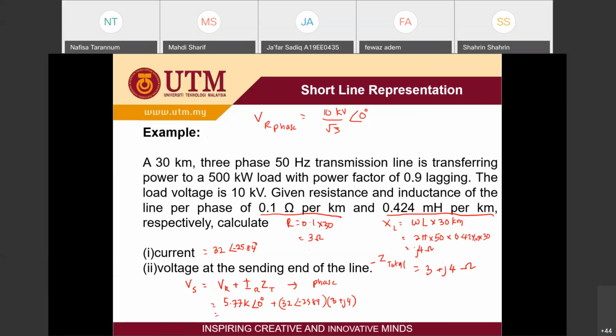So we need to use mode complex: 5.77 K angle 0 plus 32 angle negative 25.84 multiplied by 3 plus J4.